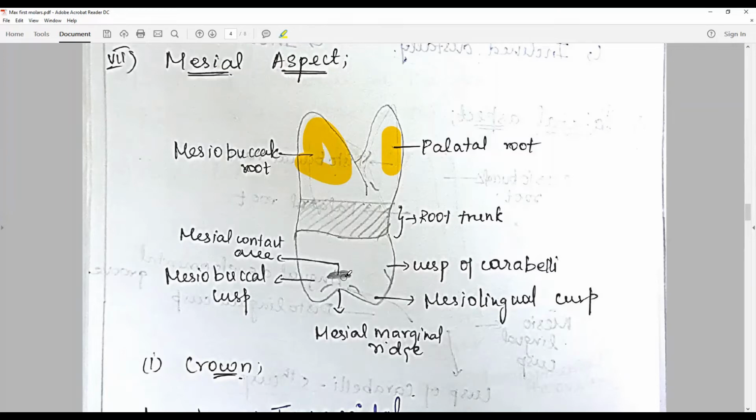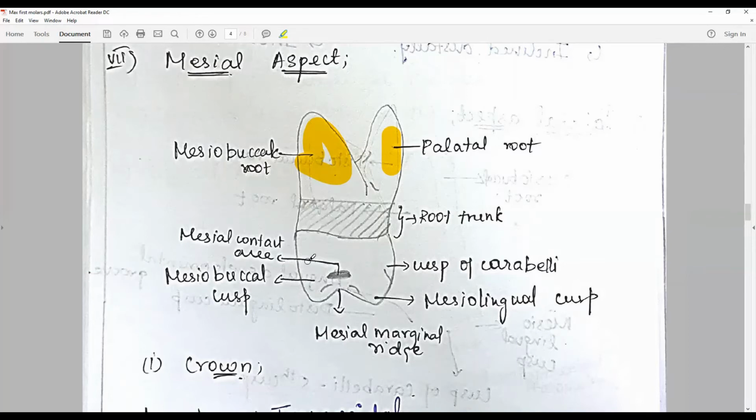Mesial contact area is seen, and the root trunk is approximately 3 to 5 millimeters, and the bifurcation is seen. In the occlusal, you see the prominent mesial marginal ridge and the marginal groove running across the same. The contact area is round to ovoid and situated to the buccal at the junction of the occlusal and the middle third.